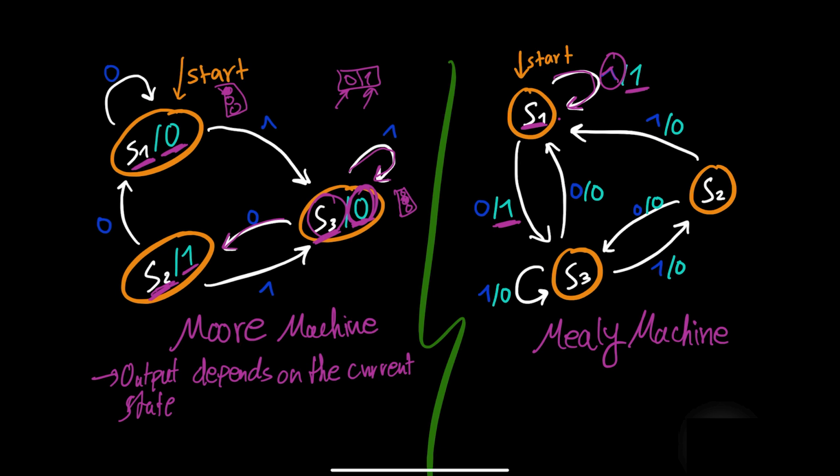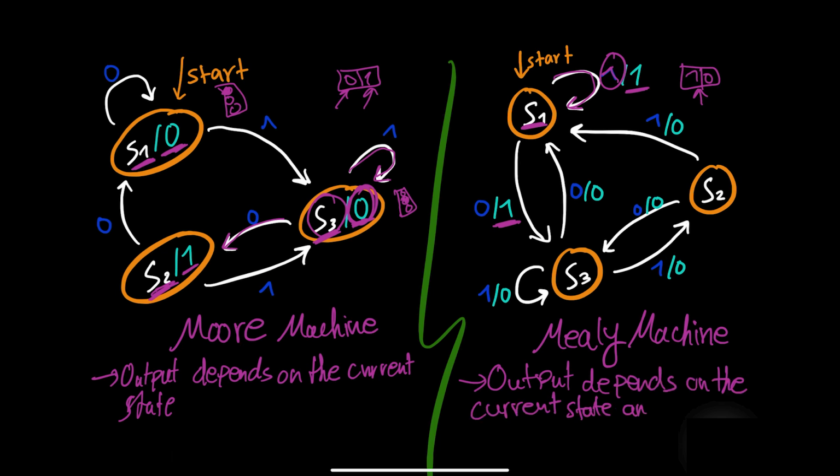And then you will transition to this state right here, which is the same state as 1. But basically you will only get this output when you press the 1 on the keyboard. So right here the output depends on the current state and the input. That is basically the main difference between these two machines.